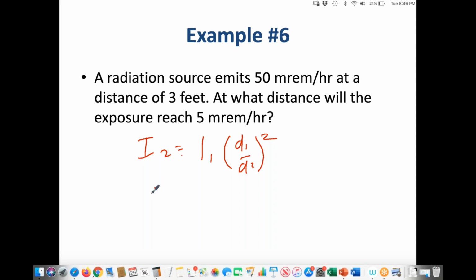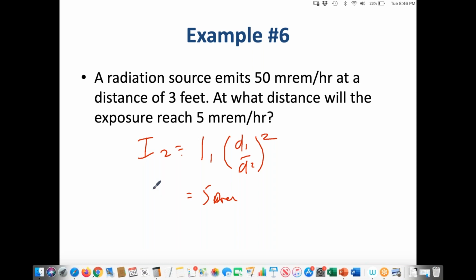Okay, so what do we know here? The radiation is 50 millirems per hour at a distance of 3 feet.